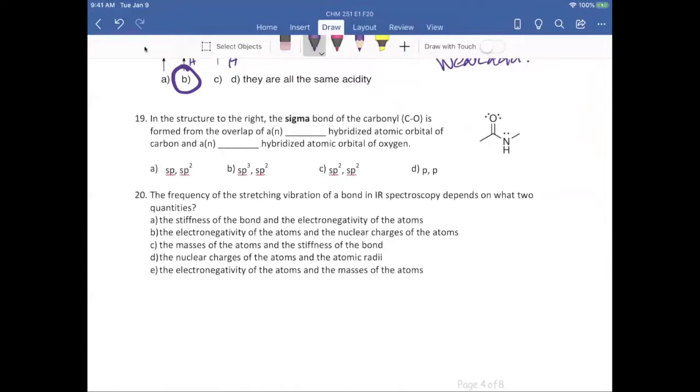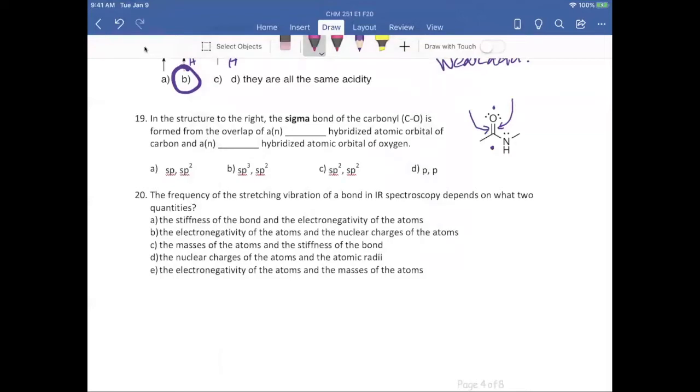Number 19, in the structure to the right, the sigma bond of the carbonyl is formed by overlap. So we're looking at the sigma bond that's right in between the carbon and the oxygen right here. So that sigma bond is the result of overlap of the oxygen orbitals and the carbon orbitals, and they want to know what hybridized orbitals they are.